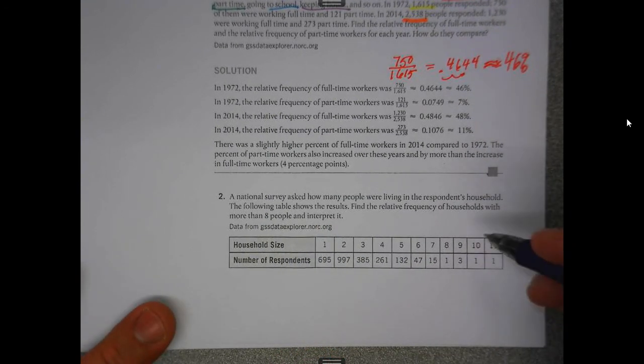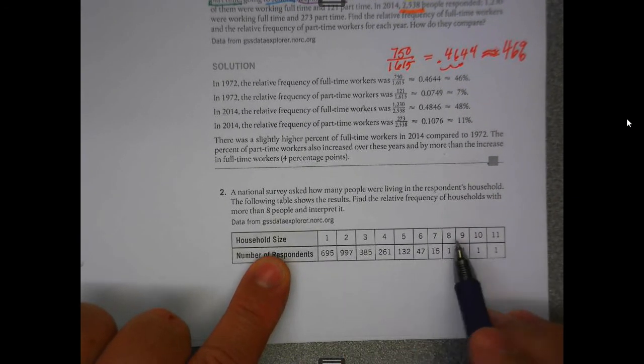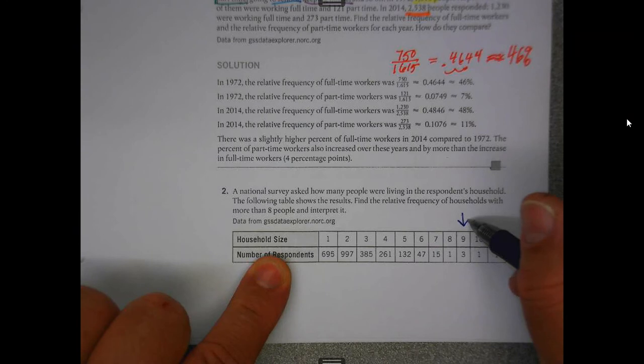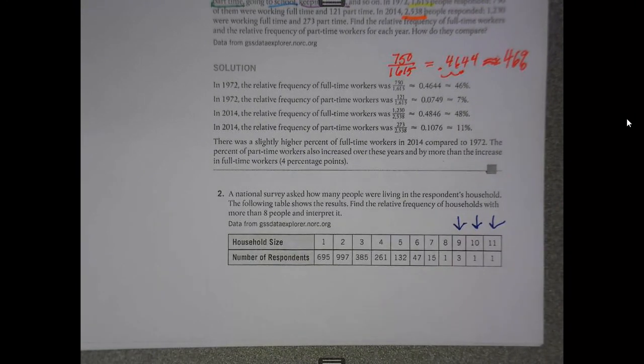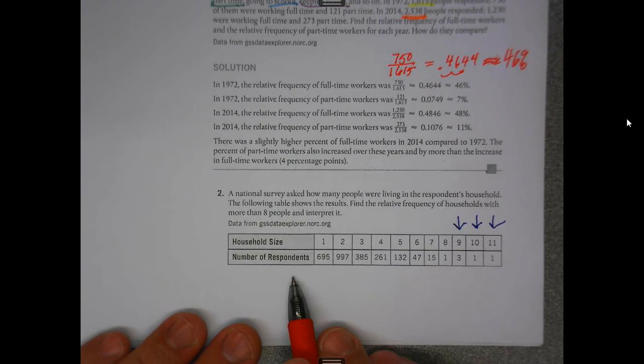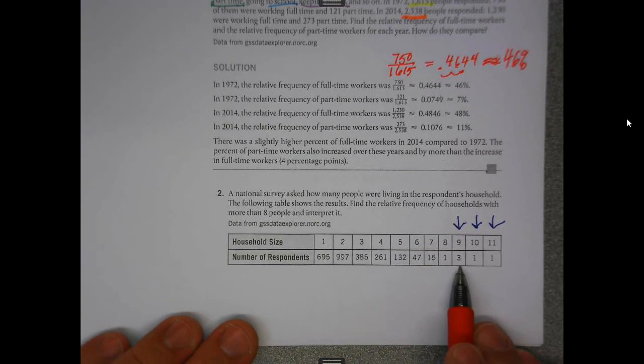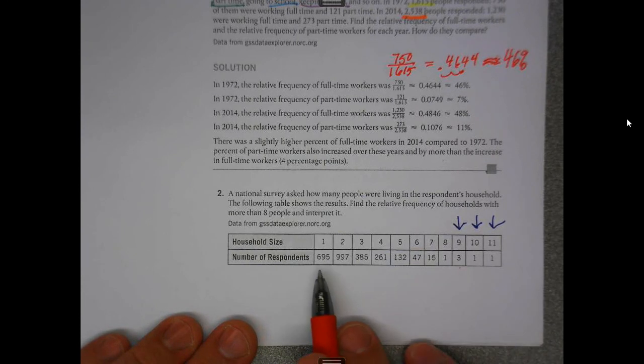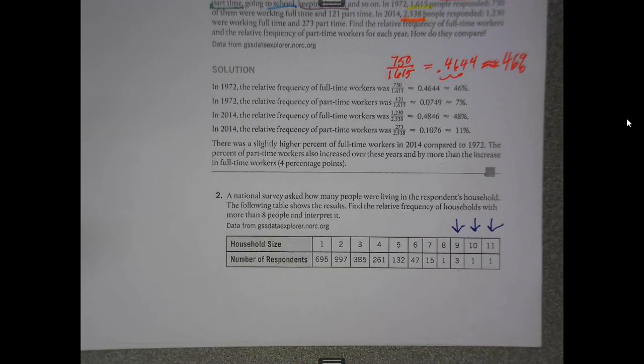For this, the number of respondents was 3. Well, what's my total? That I'm going to have to figure out. So I'm going to have to add all of these to get my total.